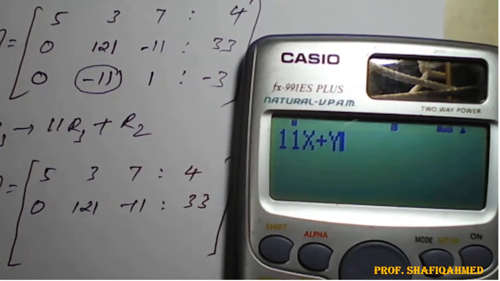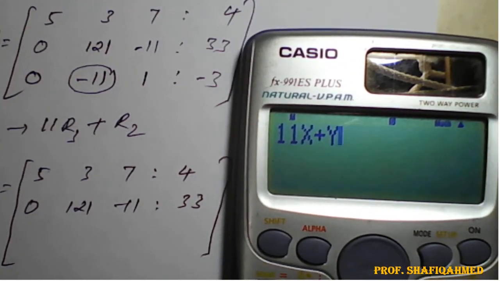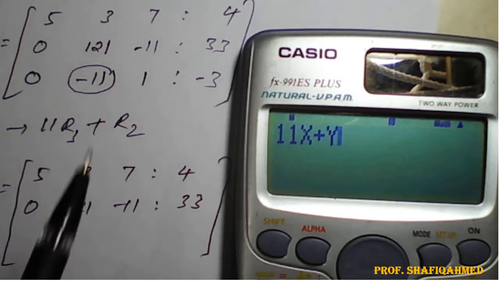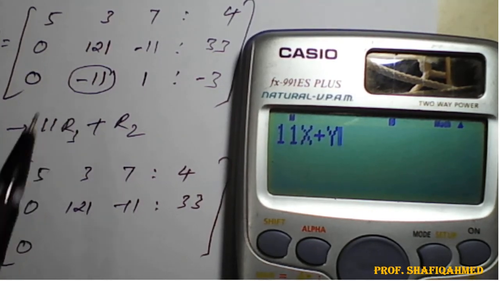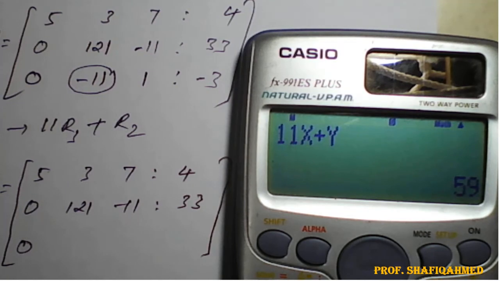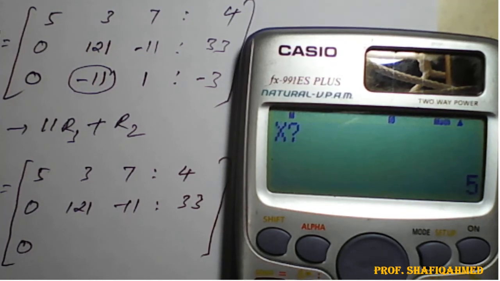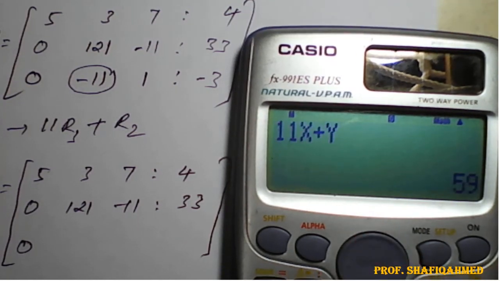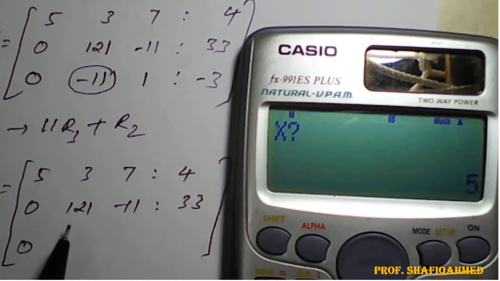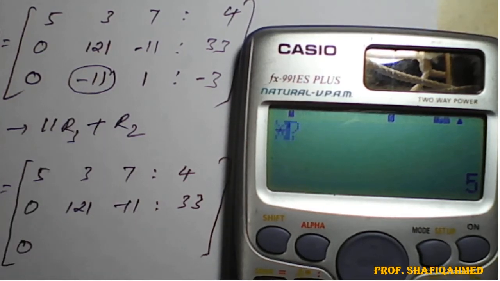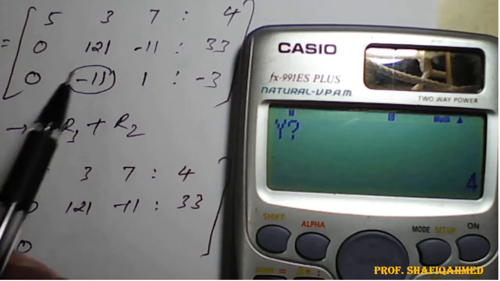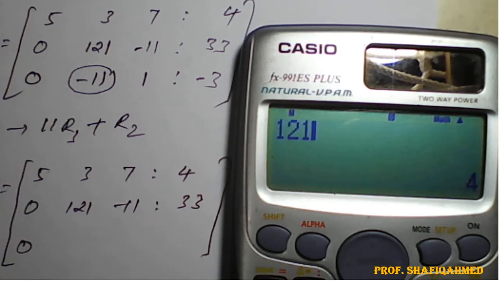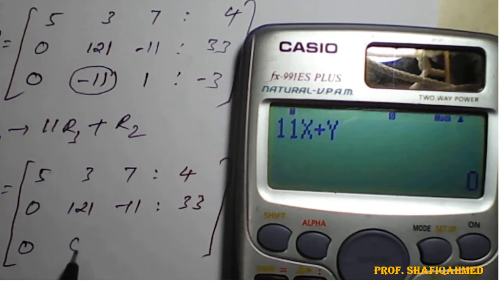So formula is ready, we have taken in the calculator, so now we need to enter. That is 0 0. So third row first element is 0, so equal to calc option. So x value is minus 11, y value is 121, so 0 you can see here.